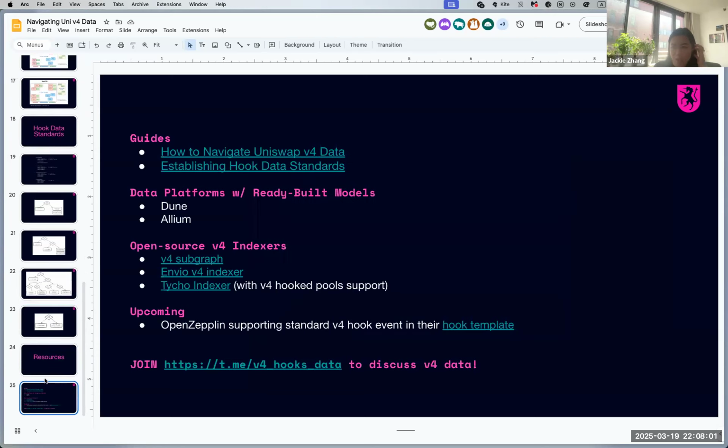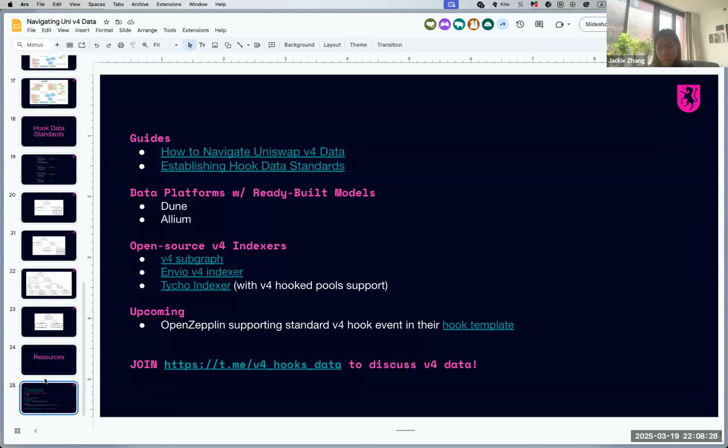Lastly, it's just the resources that I've compiled. We have put out two guides on Uniswap V4 data related things. I already talked about, from a more analyst SQL angle, you can go do LEM, or from more of a dev GraphQL angle or router angle, you could go to the subgraph made by Uniswap Labs.